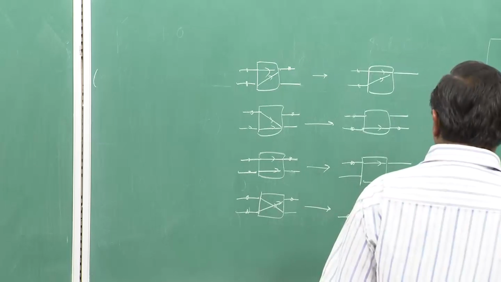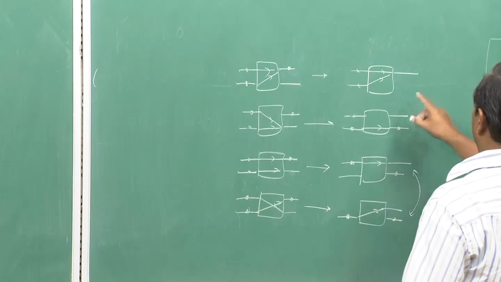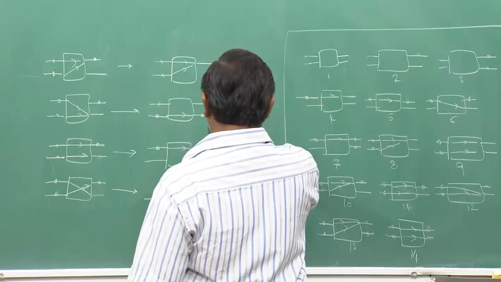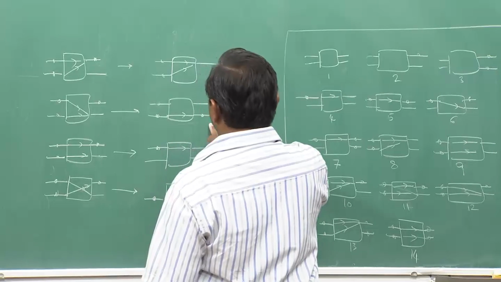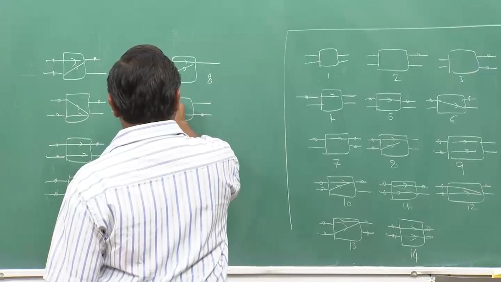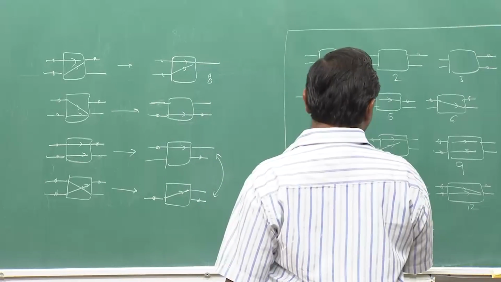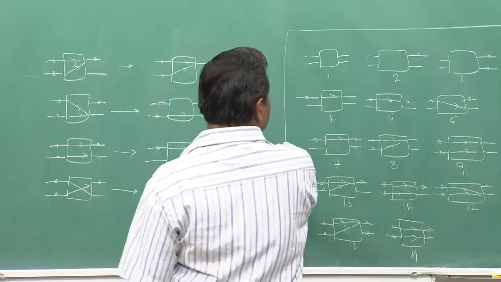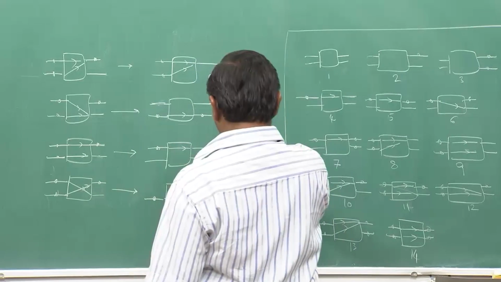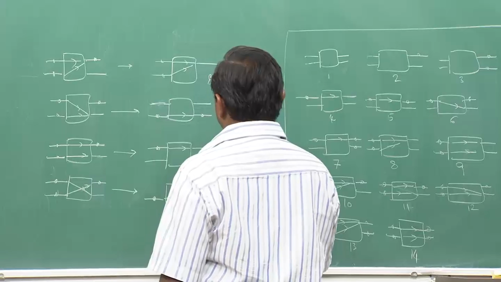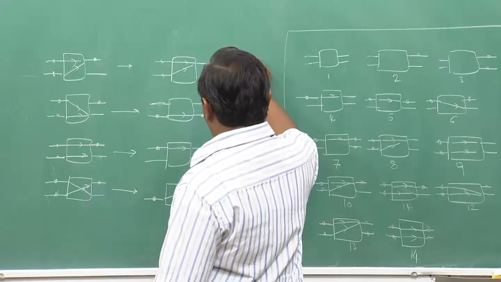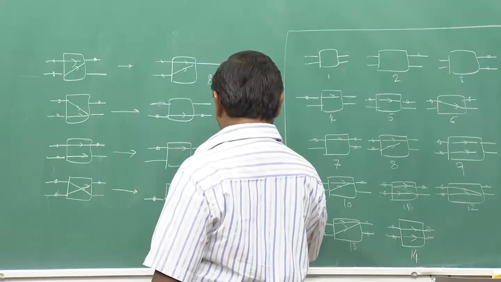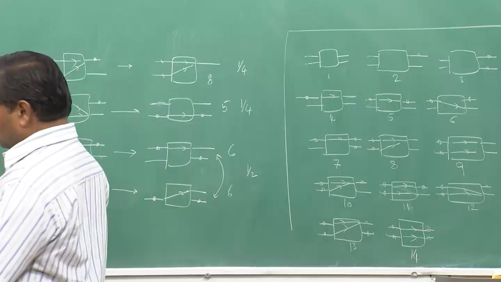This one belongs to, let me check, state 8, this one is state 5, this one is going to be state 6, this is also state 6. So, 8 will be happening with probability 1 by 4, this will be happening with 1 by 4, and this will be happening with 1 by 2.